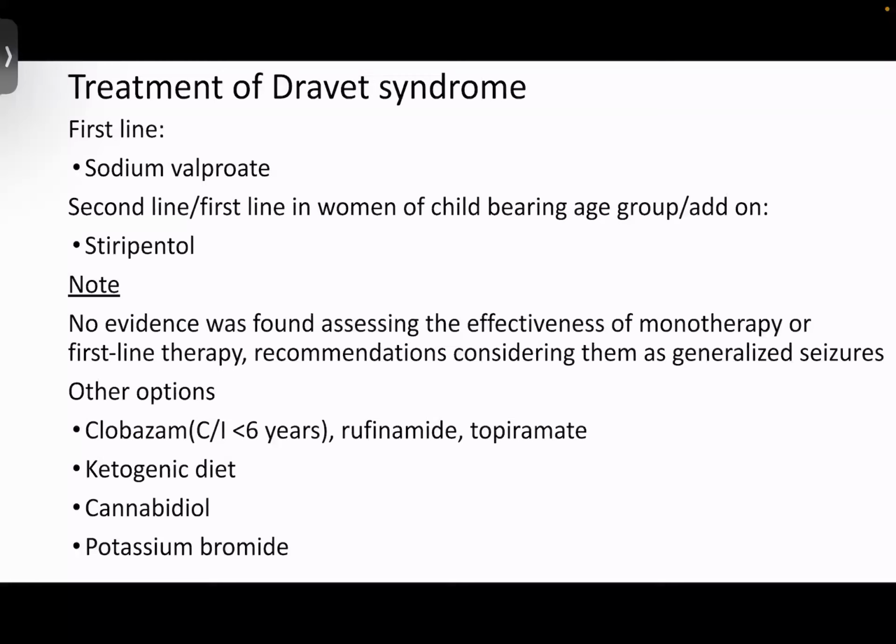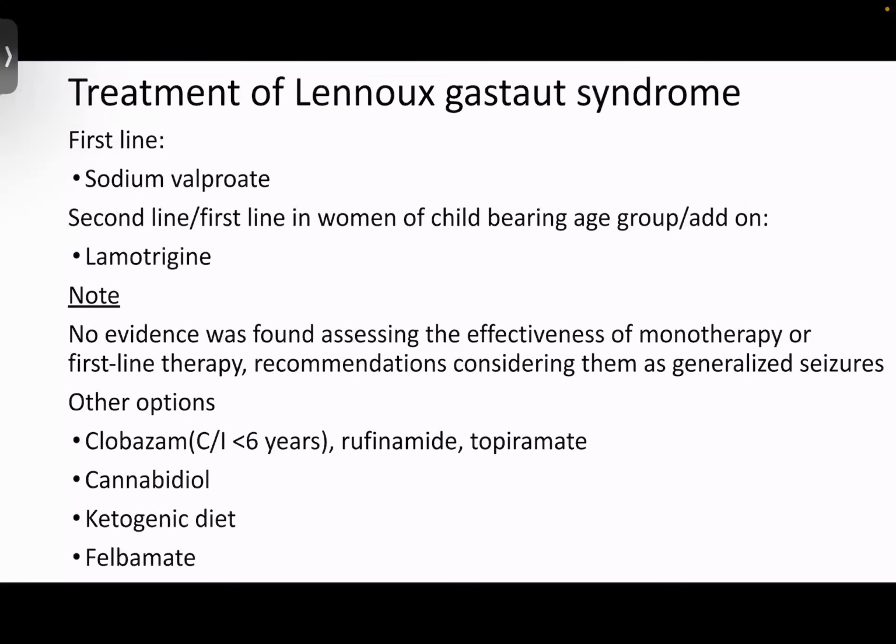Because most of these are drug refractory, there is some evidence with drugs like clobazam, rufinamide, and topiramate. As I said, most of these genetic syndromes are associated with channelopathies. Ketogenic diet can be tried, and newer modalities like cannabidiol can be used. Potassium bromide can be tried.